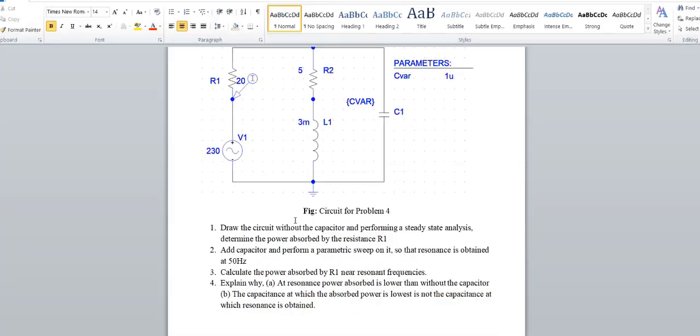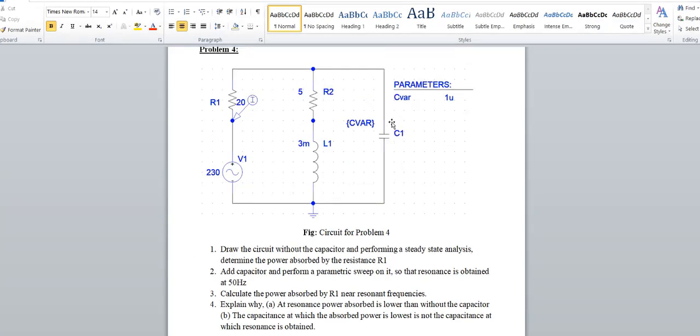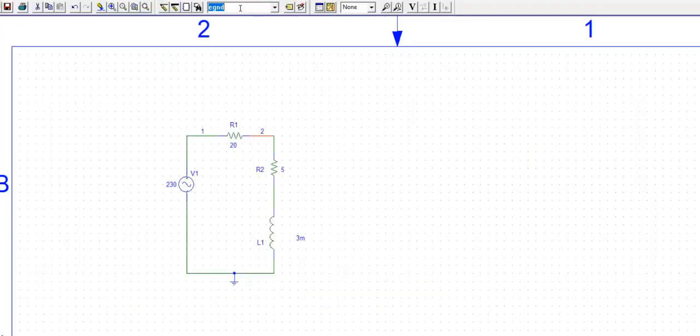Now in the second part we have to use the capacitor and do parametric sweep. Now again let's go to the circuit and complete this. In the earlier videos we have learned how to use parametric sweep, so I'll not discuss it here.